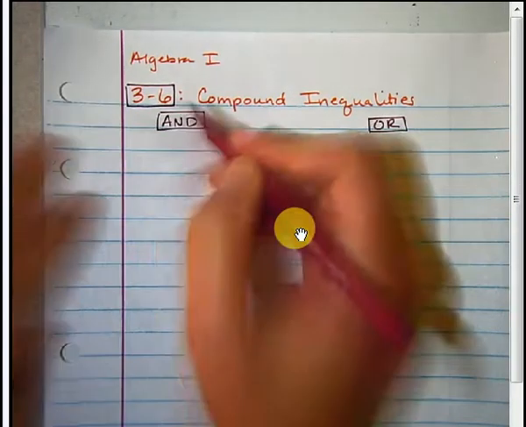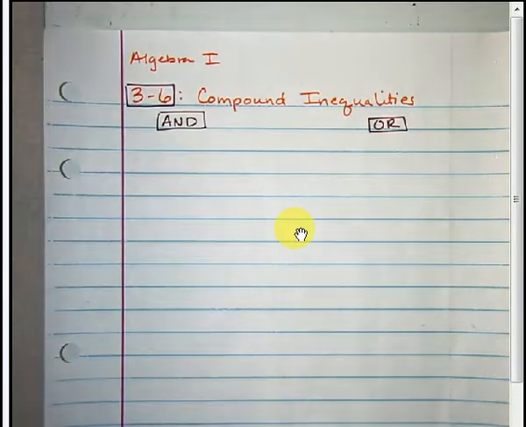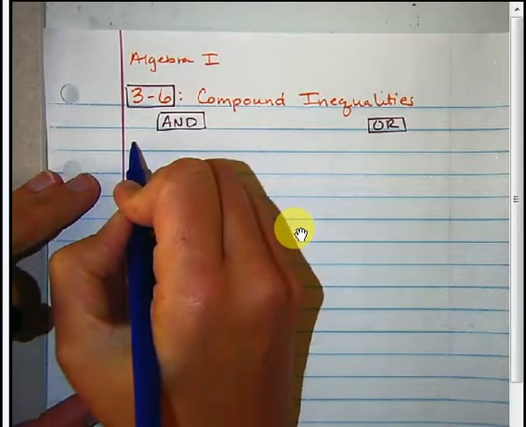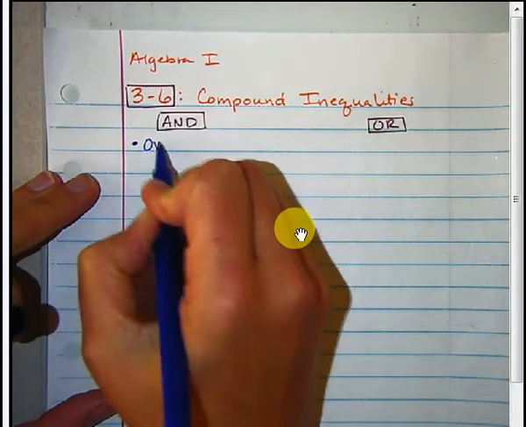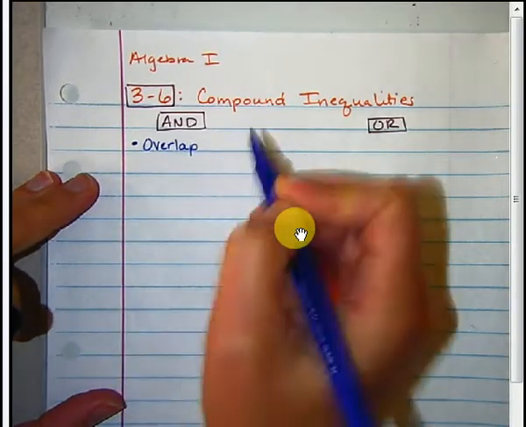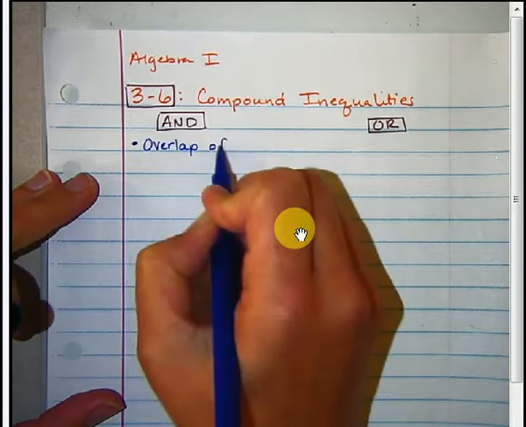So let's look at "and" compound inequalities. For "and" compound inequalities, you're going to look at where two inequalities overlap. So you're looking for an overlap of two inequalities.